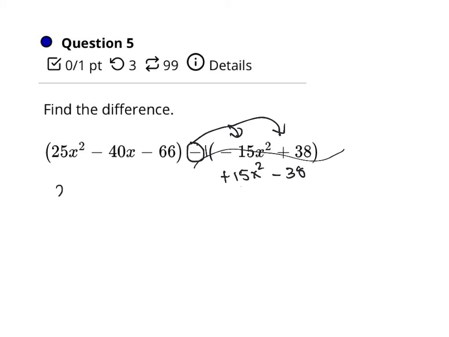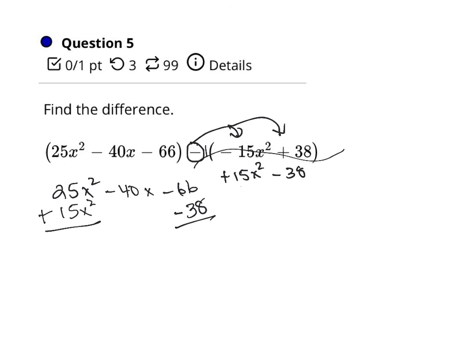So I have 25x squared. I'm going to line them up again. You don't have to, but I want you to see when you don't have a term what to do. So 15x squared, that goes under the x squared column. So plus 15x squared. I'm going to add up that column. I don't have an x term, so my negative 38 is going to go over here under my negative 66 because those are both constant terms.